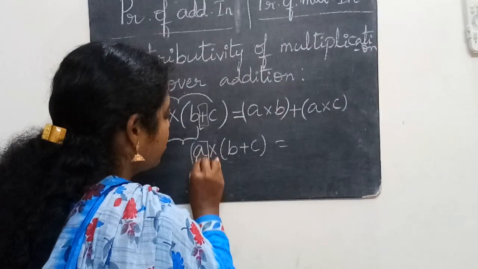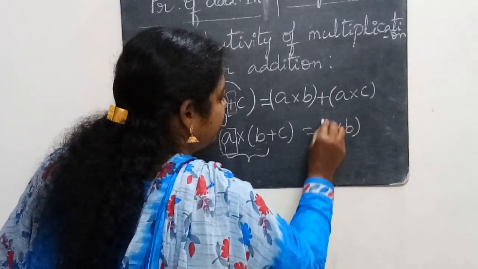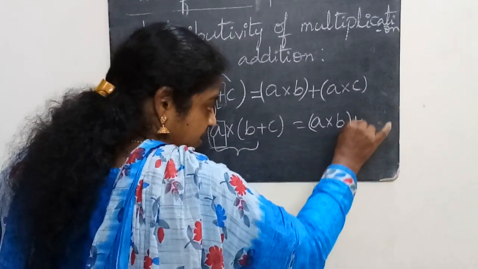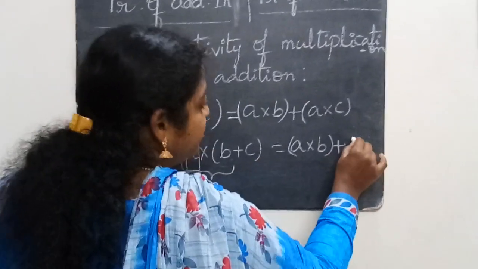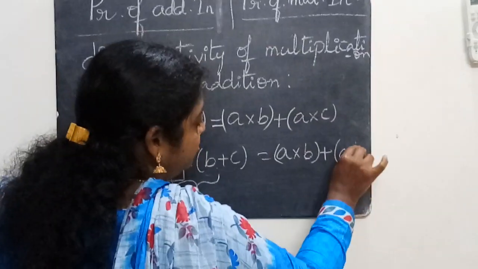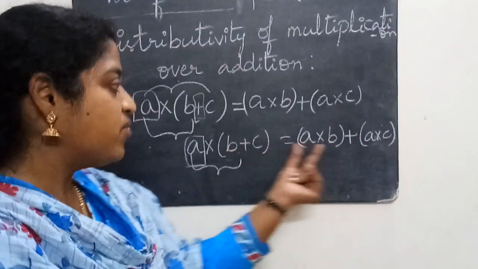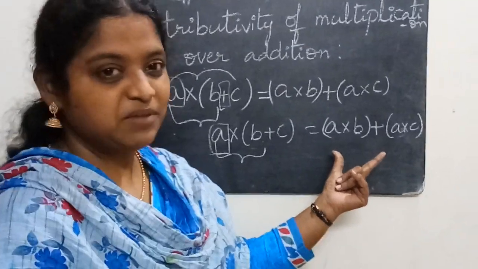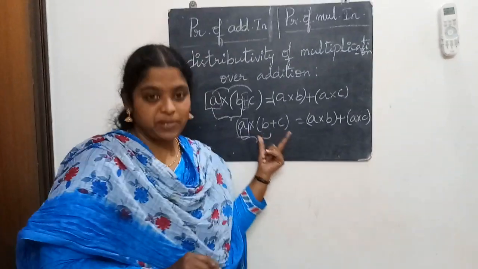A into B means first he has given to the elder one, plus means he has given the chocolate to C also, so the two kids equally got the chocolate. Understood, children? This is only for understanding; actually this is not about chocolates.